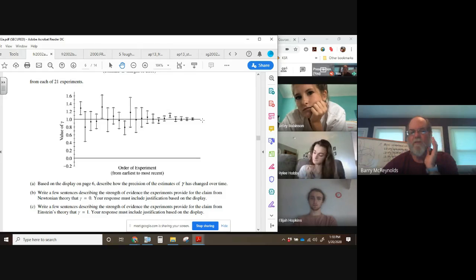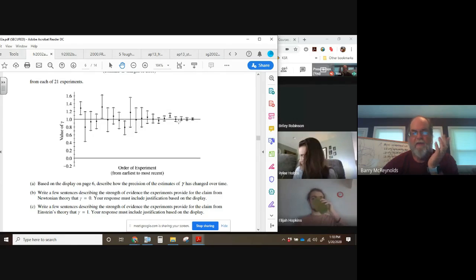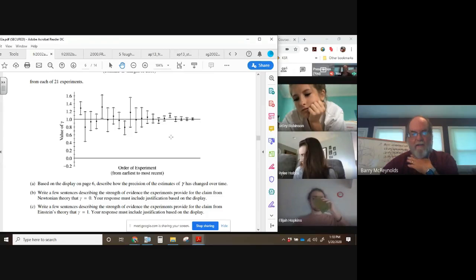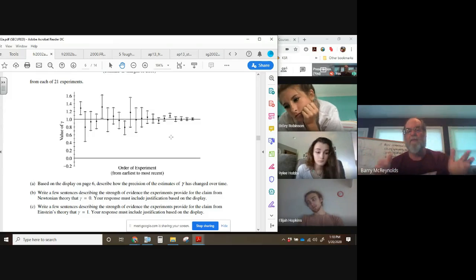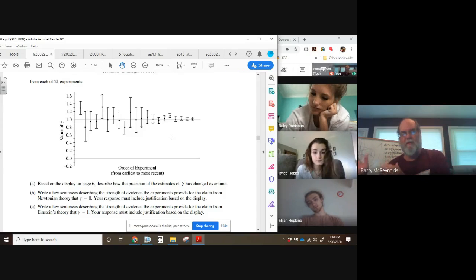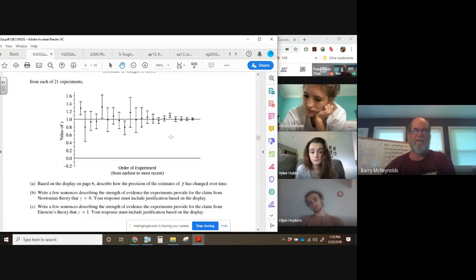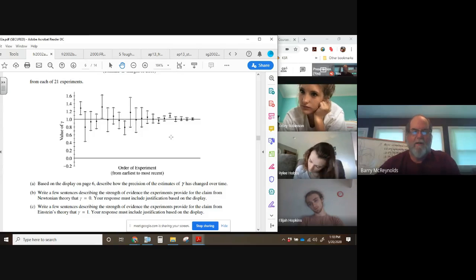So you can almost just answer that by looking at the right-hand side of this graph. You could say 9 of the last 10 experiments, all that have higher precision, contain 1 in their confidence interval.